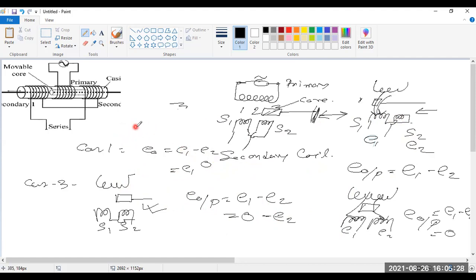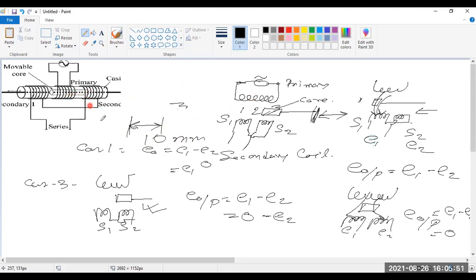The displacement is limited to some millimeter value. Generally it goes to 16 millimeter, but for measurable linearity we generally measure a 10 millimeter range. So this is the working principle.